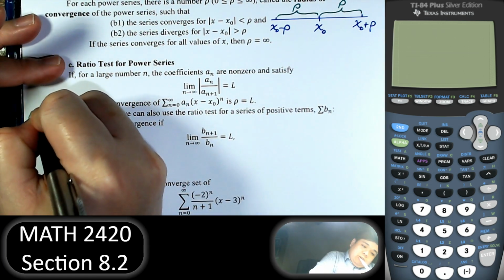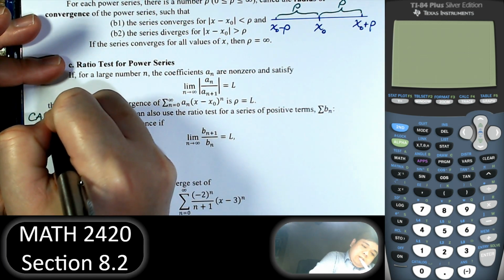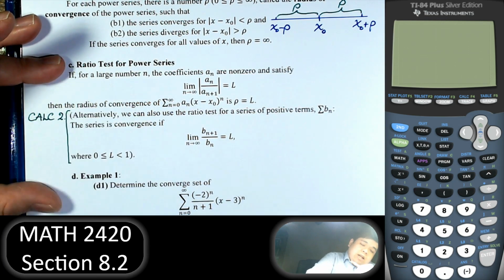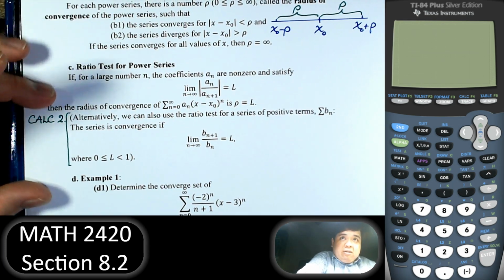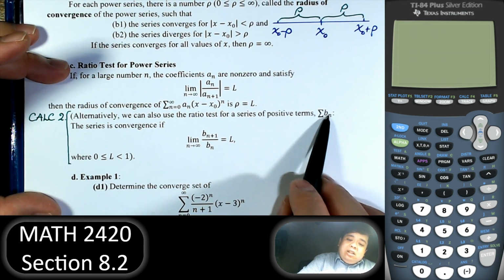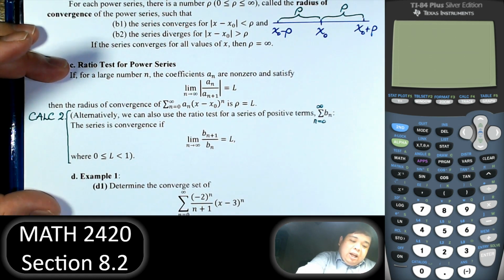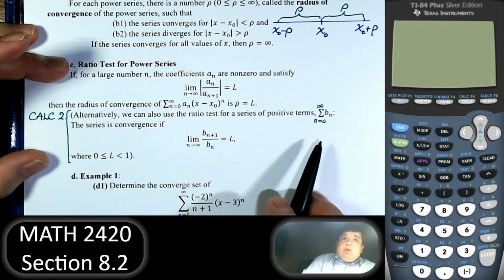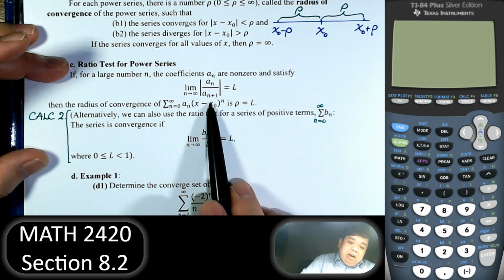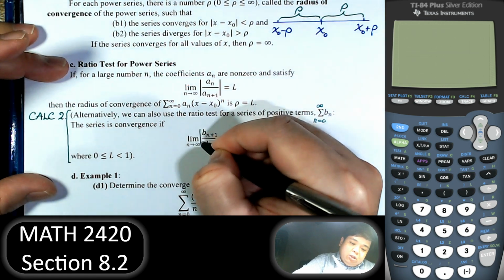This is slightly different from what we have in calculus 2. In calculus 2, we have the series of b sub n, from 0 to infinity.